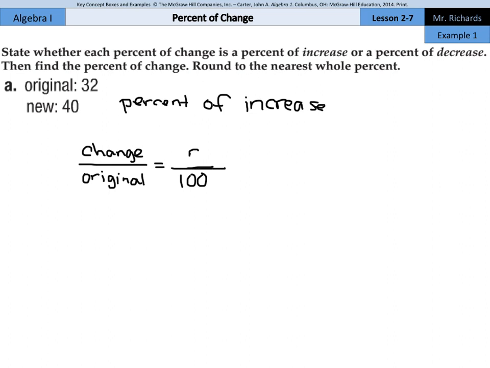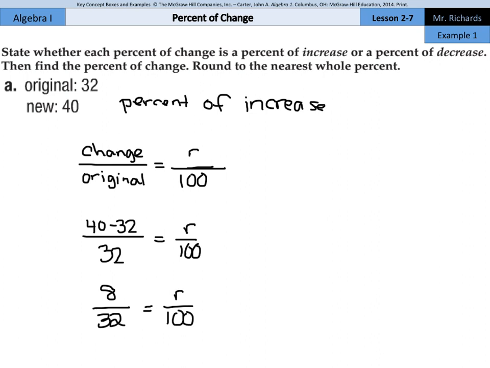And so our amount of change in this question was 40 minus 32 over the original, which was 32, equals R over 100. Well, 40 minus 32 is 8 over 32 equals R over 100.